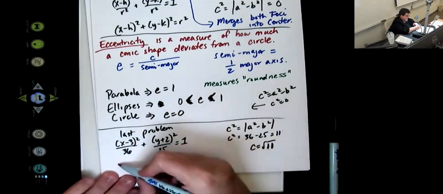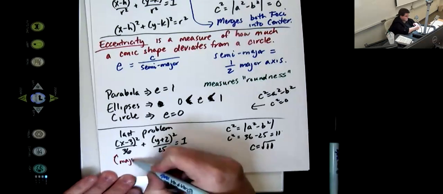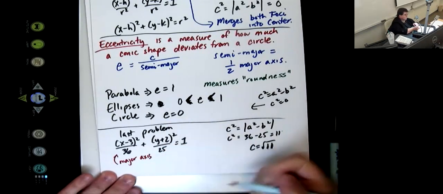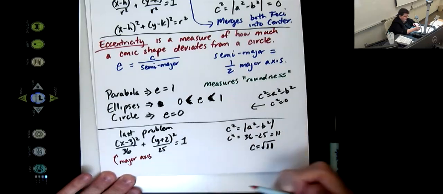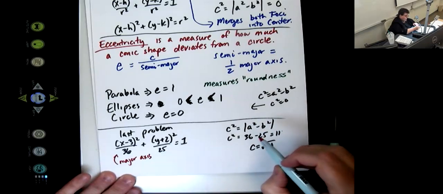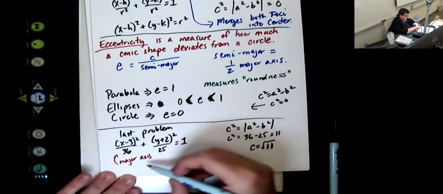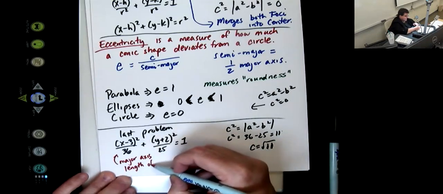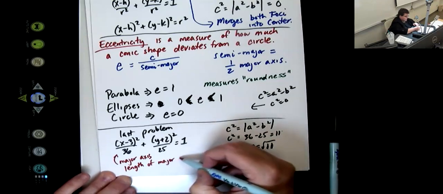My major axis is X. And so the length of the major axis is 2A. Or 2B.